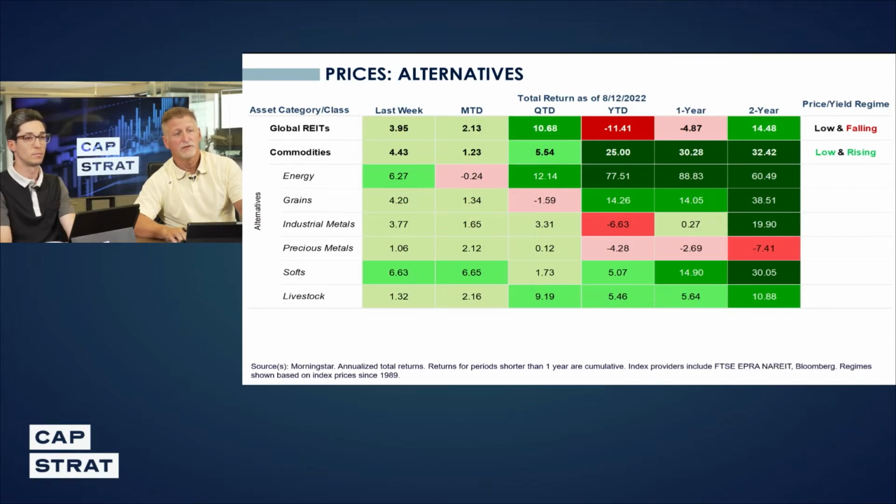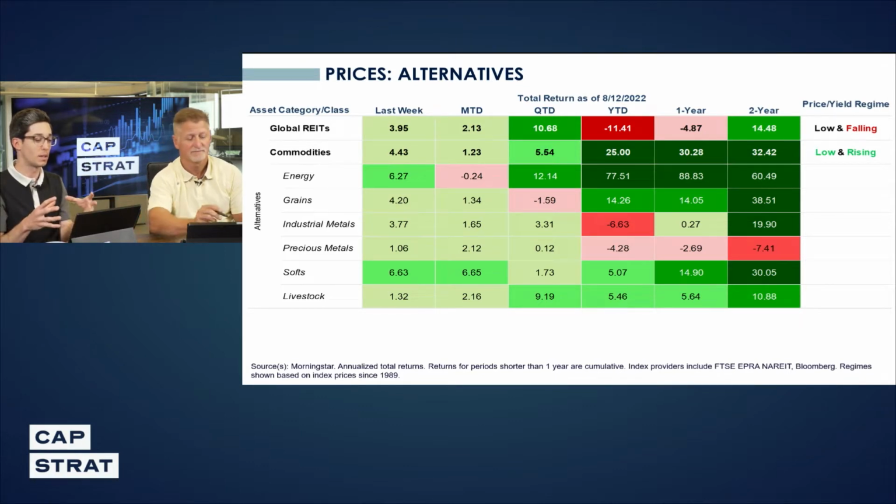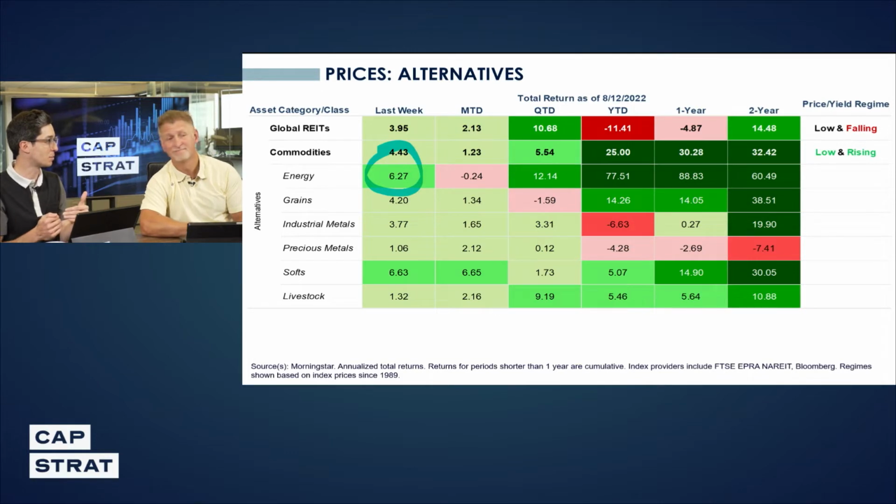Cool. Let's move on to equities, alts first, sorry. We'll look at alts. Another big week across the board. We've seen a reinflation of commodity prices and energy. It's a very interesting dynamic that when commodity prices were going down, that was great because it brought down inflation expectations, which allowed the market to rally, which reinvigorated economic growth expectations, which caused commodity prices to go back up.